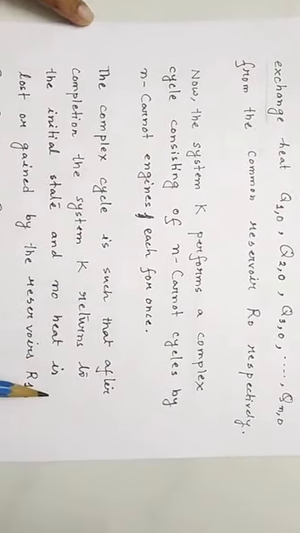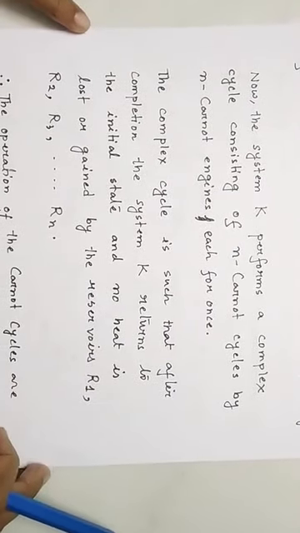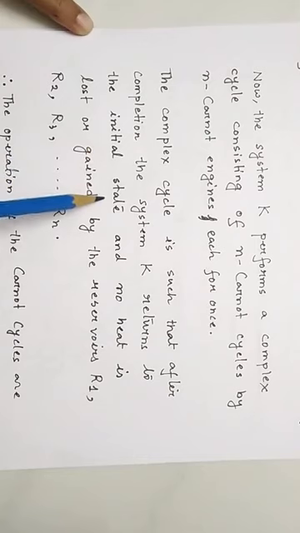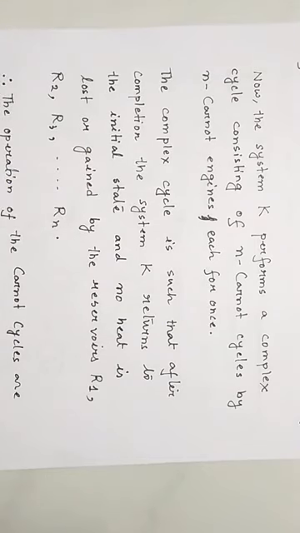Now the complex cycle is such that after completion of the cycle, the system K returns to its initial state. So there is no permanent change done in this system K, and no heat is lost or gained by the reservoirs R1, R2, R3, Rn.